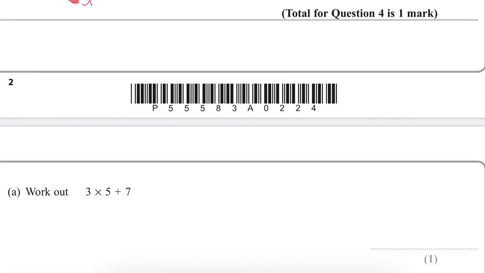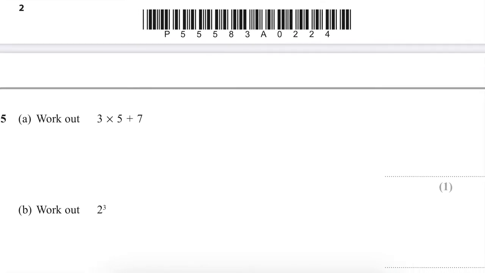And finally, the last question for this video, question 5. Work out 3 times 5 plus 7. And of course, you've got to remember BODMAS, BIDMAS, BOMDAS, whichever way you've learnt it: brackets, other things, division, multiplication, addition and subtraction. The reason you can have various names for it are these two go together.